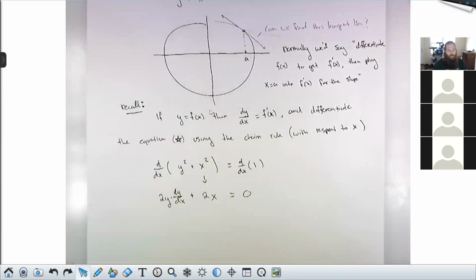The idea is if y is f of x, then I've got an outer and an inner.